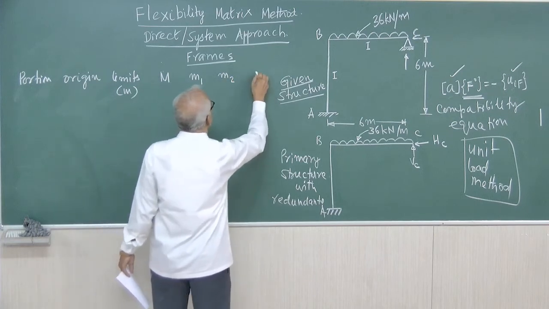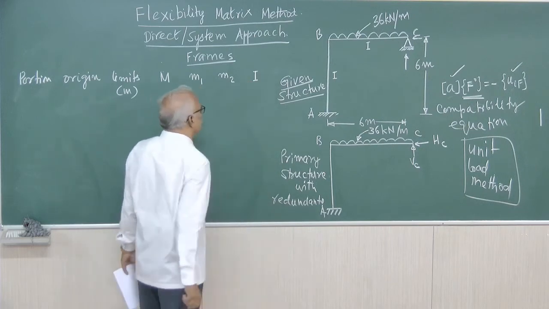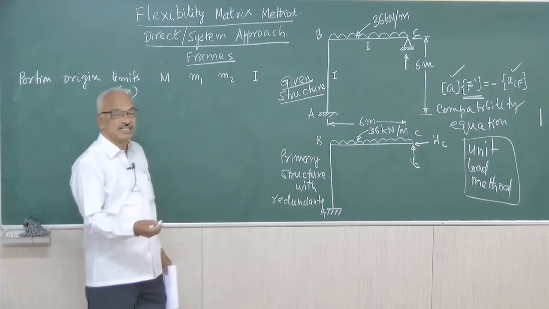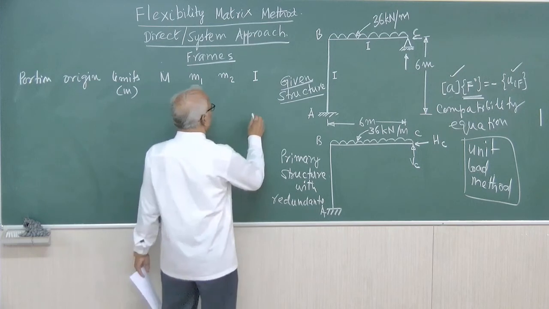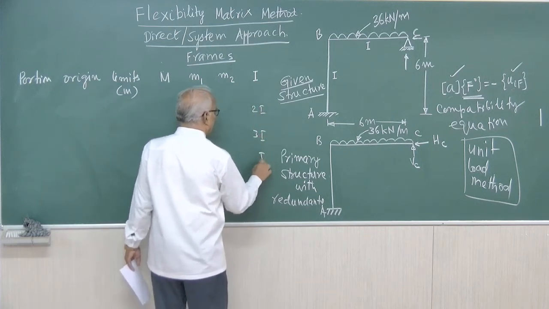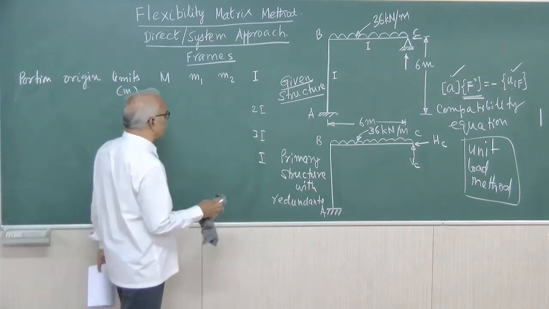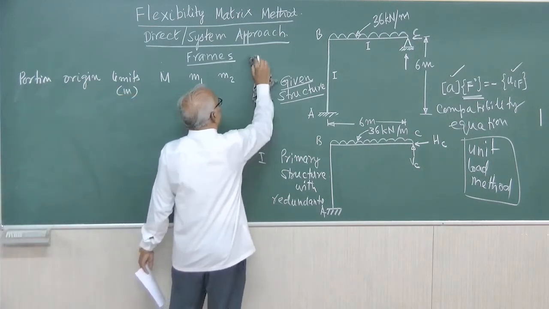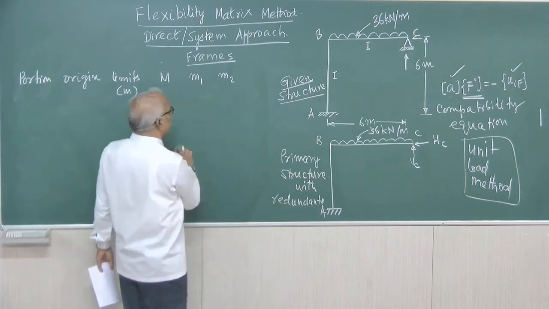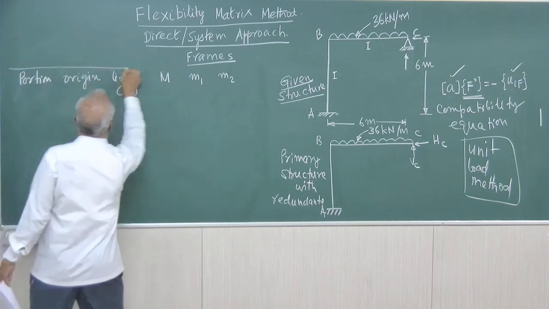Of course, there is no need for a column for moment of inertia because I is the same. If I is different, suppose for one portion it is 2I, for another 3I, and so on, we have to provide a column. Here I is uniform, therefore this column is not needed.